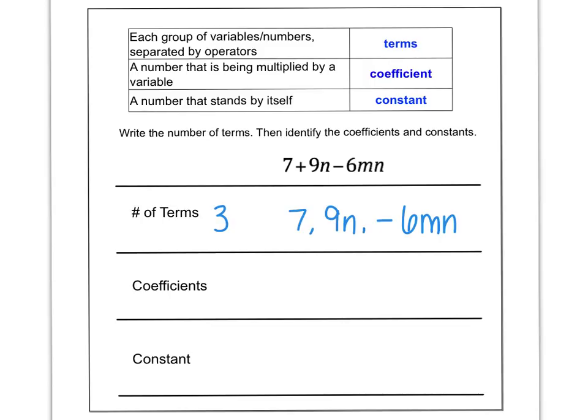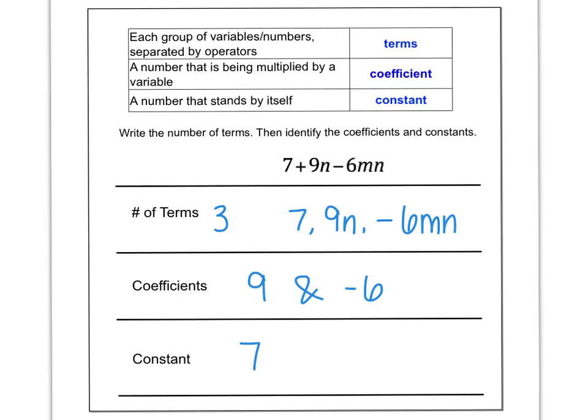For coefficients then, I want to look for which of those terms have a variable in them. So looking at that 9n term, the coefficient of that would be 9. And looking at my last term there, the coefficient of that would be negative 6. The only constant I have that's not being multiplied by a variable and is by itself is that 7.